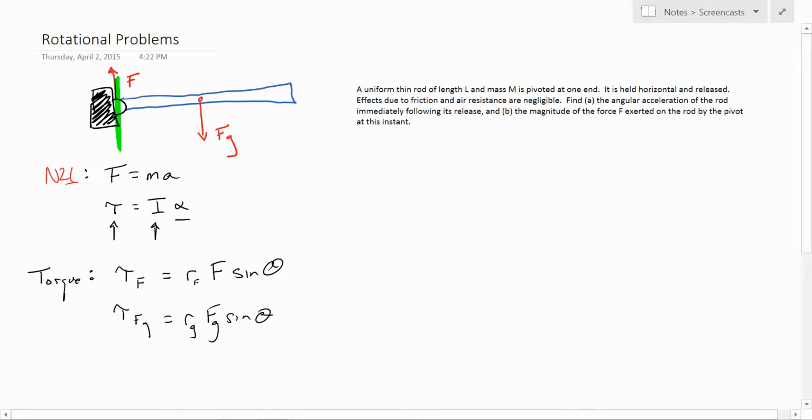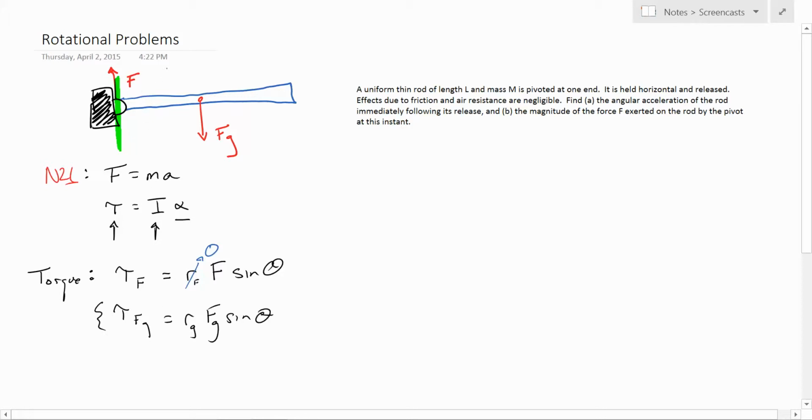So the trick with this is, F is being applied at the axis. So R_F is 0, which means that it cannot supply a torque. This is an important point, a useful point. If I push at the axis, I'm going to translate the object. I'm not going to rotate the object. So this is the only torque I have to worry about.